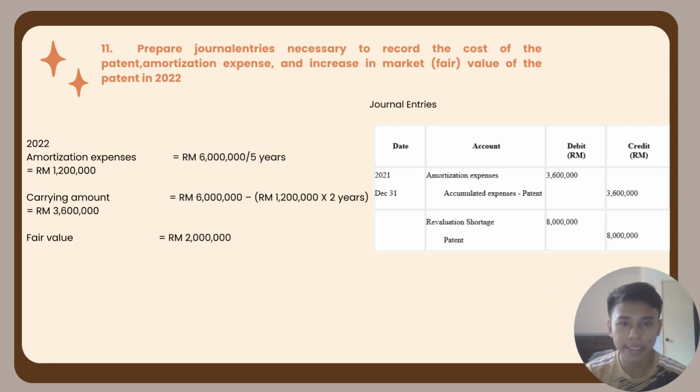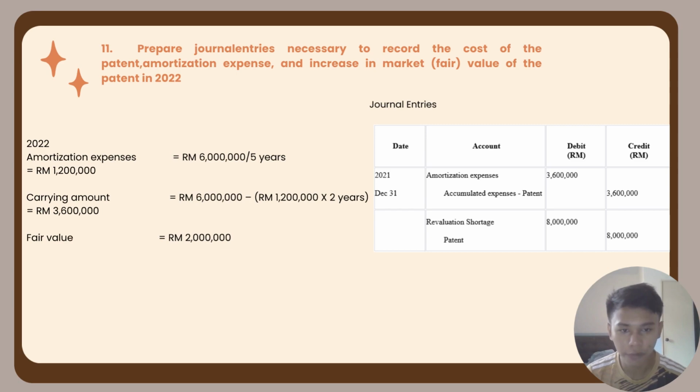Prepare journal entry necessary to record the cost of the patent, amortization expense, and increase in market fair value of the patent in 2022. 2022 amortization expense: 6 million divided by 5 years, we get 1.2 million. The carrying amount is 6 million minus 1.2 multiplied by 2 years, we get 3.6 million.